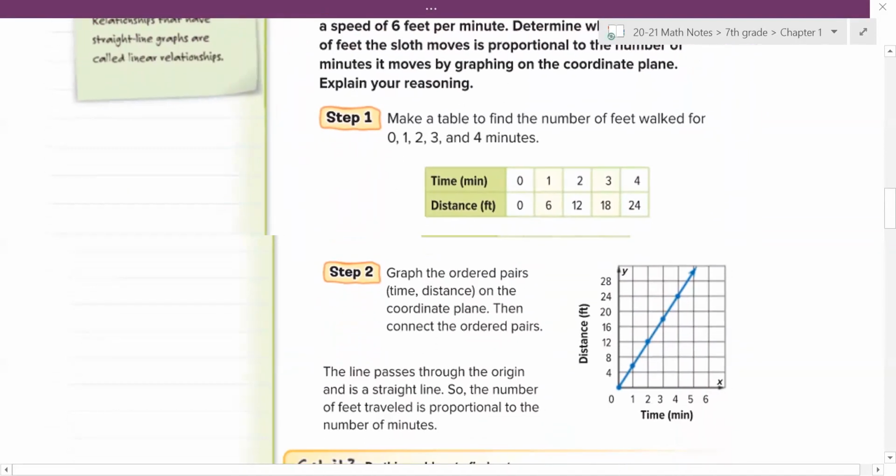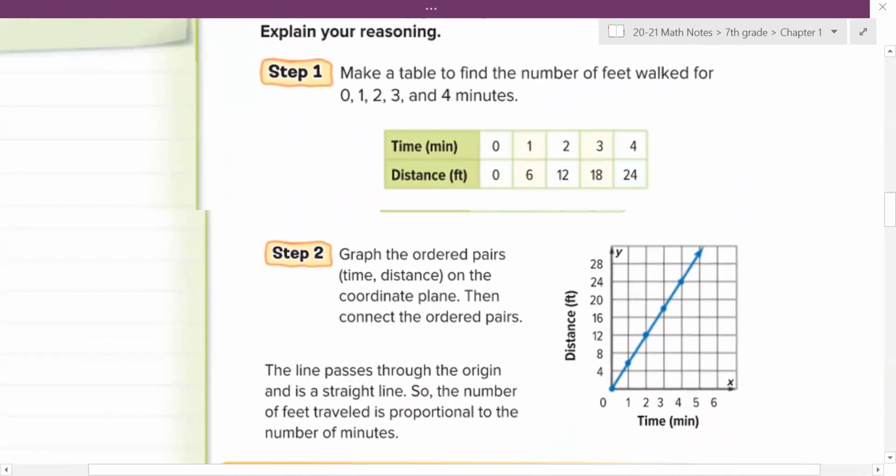Make the table, find the number of feet walked for 0, 1, 2, 3, and 4 minutes. So they've done it for us, so I'm just going to go over what they've done. In 0 minutes, the sloth has moved 0 feet. Then in 1 minute, it moved 6 feet.